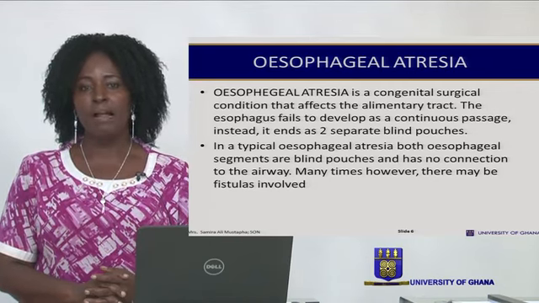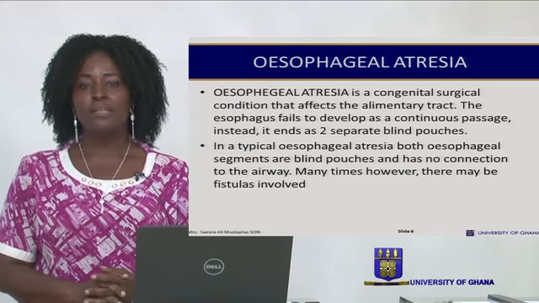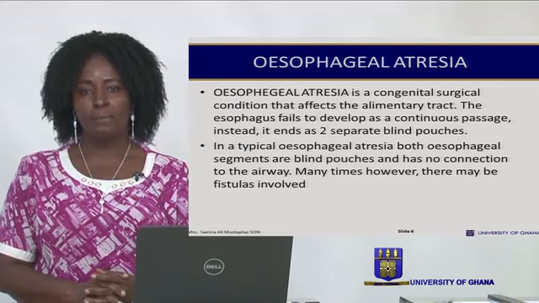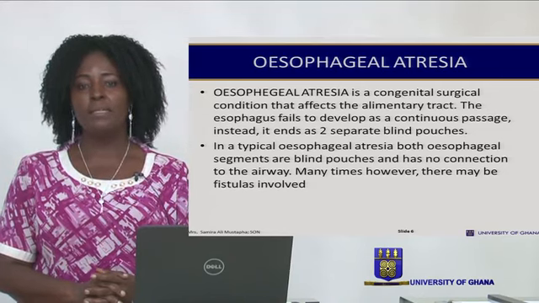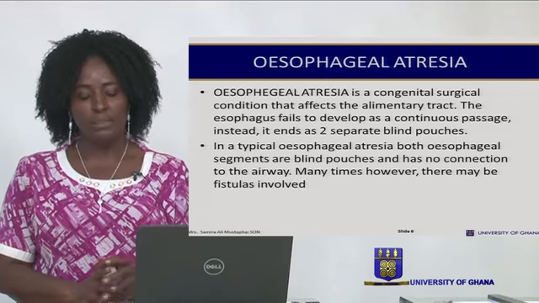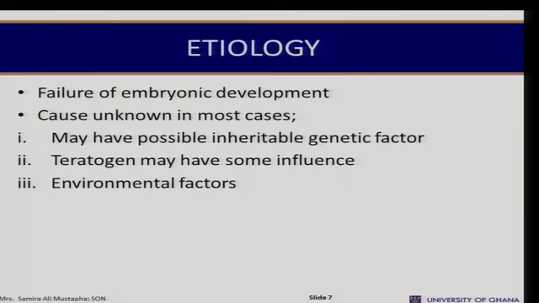In a typical oesophageal atresia, both oesophageal segments are blind pouches and have no connections to the airway. Sometimes, however, there may be a fistula involved that may connect to the airway. Failure at the embryonic development is what causes this.